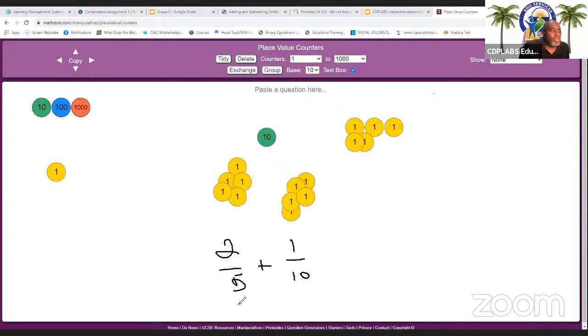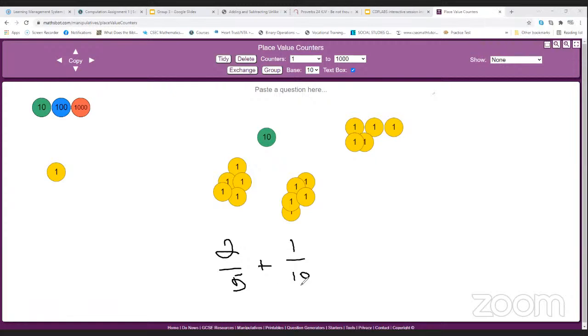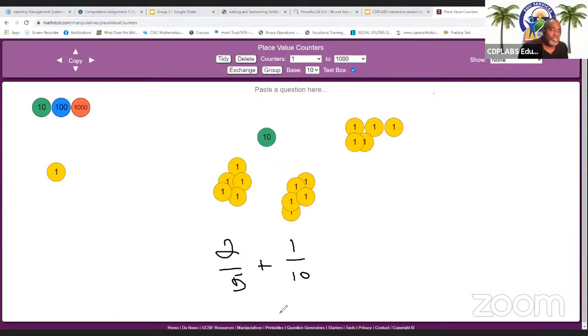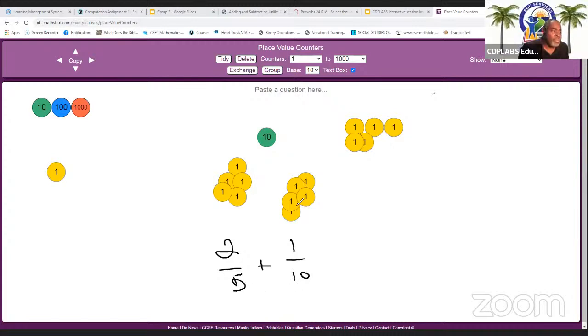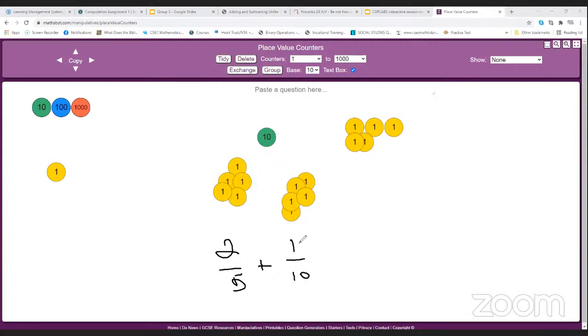So watch this now. When they said 2 over 5 plus 1 over 10, they say you must have the lowest common multiple. Now 5 is a multiple of itself, but 5 is not a multiple of 10. So we couldn't use 5, agree? Yes, sir. But 10 is a multiple of 5, and 10 is a multiple of itself.